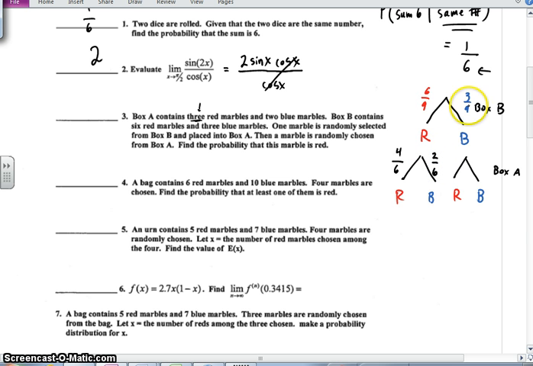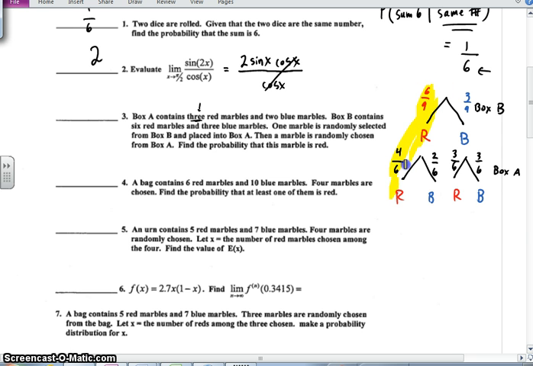Okay? All right, then, if the marble we take out of box B is blue and we put it in box A, we now have 6, and we still have 3 red, but now we have 3 blue. Now, we're finding the probability that the marble that we take out of box A is red. So I have to look at the ways that that could occur.